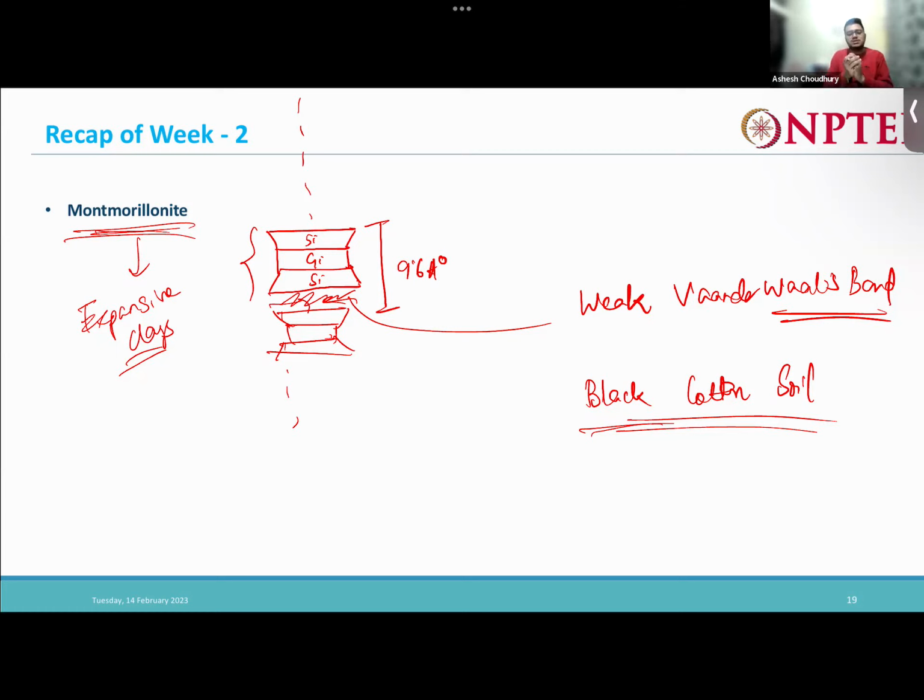If you mix those chemicals, the expansive property gets reduced. So the engineer suggested either you treat it or you completely remove it. What they did was a huge excavation, completely removing the black cotton soil. They filled it again, compacted it, and built the railway track over it. So this is a very problematic kind of soil.